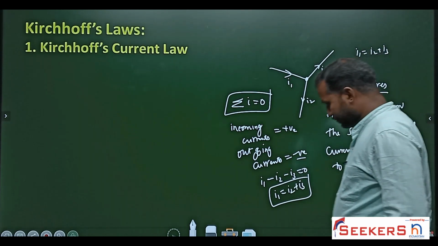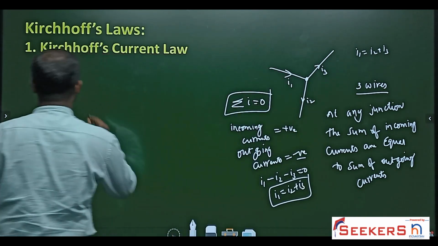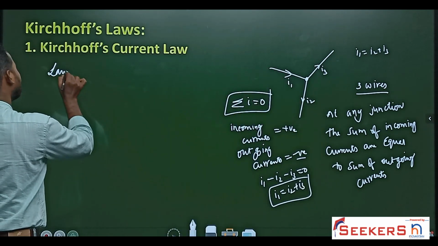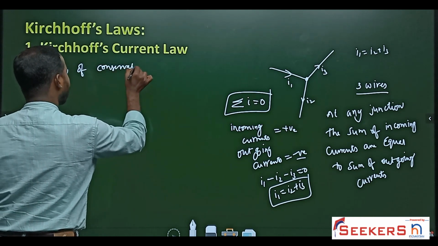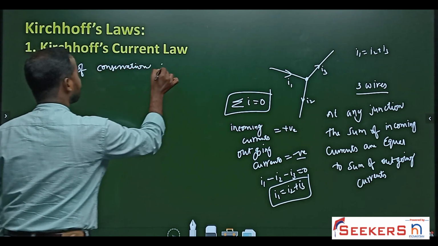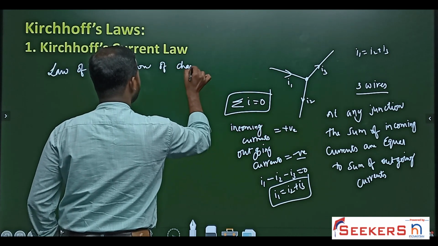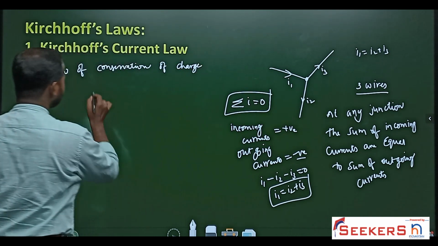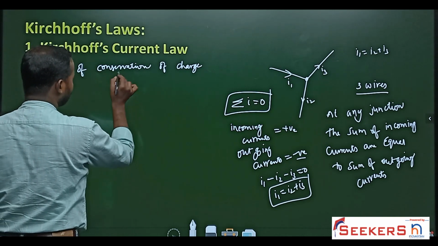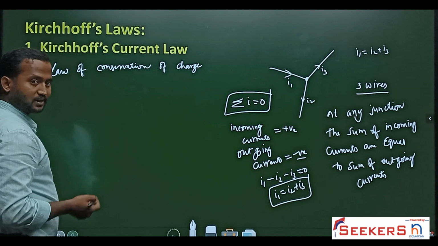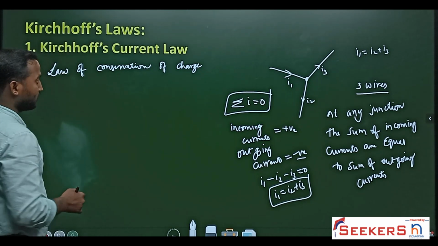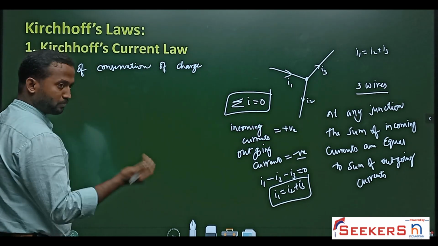It is based on the law of conservation of charge. What is the meaning of the law of conservation of charge? Charge can neither be created nor be destroyed. It can only be transferred from one body to another body.